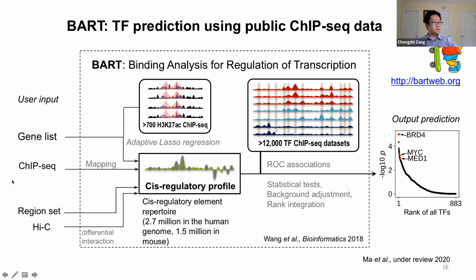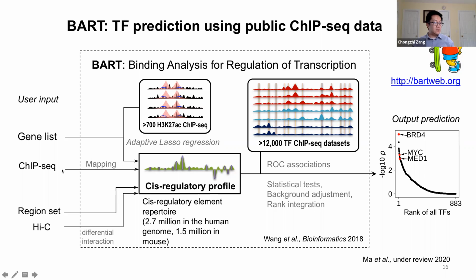This tool can also help you analyze a ChIP-seq data set. You can use the mapped reads as input, and it compares the genomic profile of your input ChIP-seq data with the genomic profile of TF ChIP-seq data from the public domain, and tells you which transcription factor is likely to have the same genomic binding profile as your data.